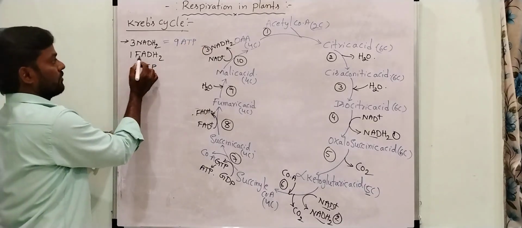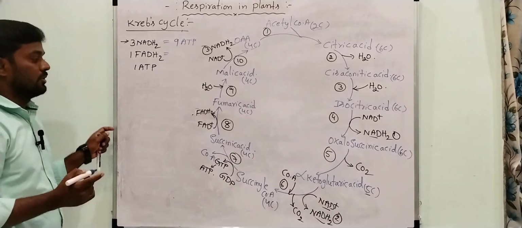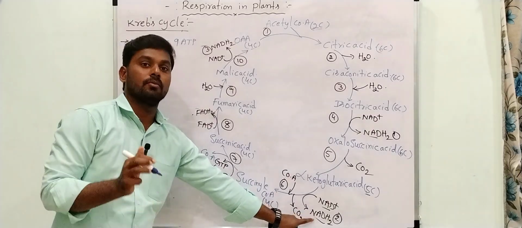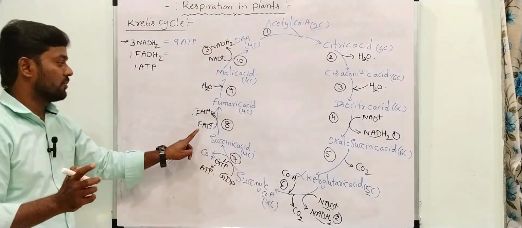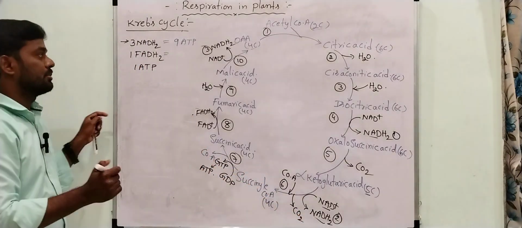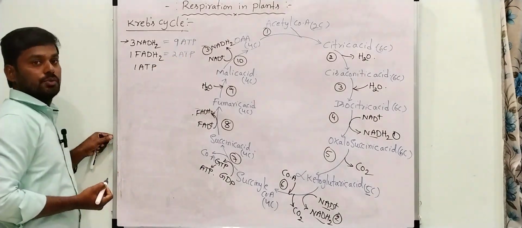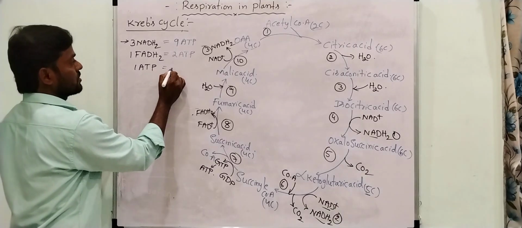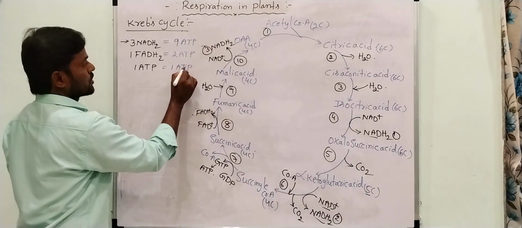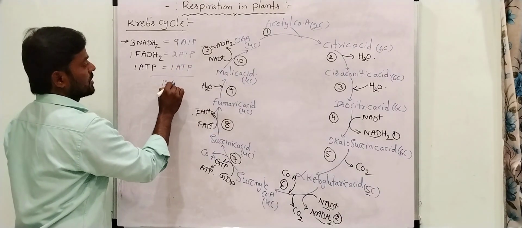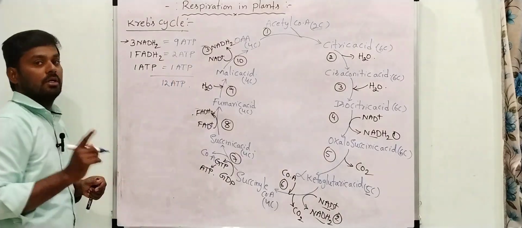Next, from 1 FADH2, 2 ATPs are released, and here also 1 ATP. So totally 12 ATPs are released from one Krebs cycle.